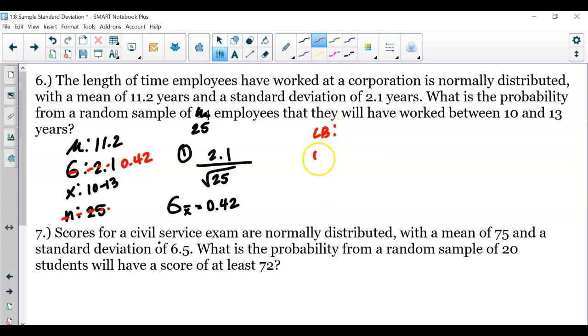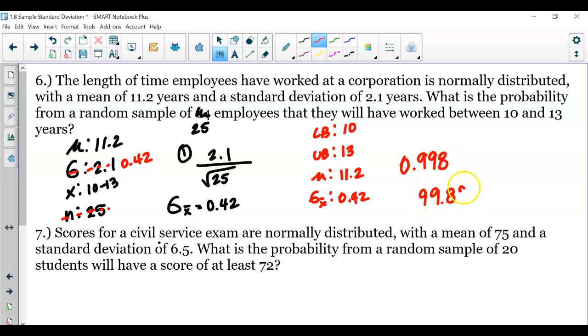So identifying lower bound, upper bound, mean, and standard deviation for the sample, which is 0.42, mean is mean, 11.2. Now, because of the range 10 to 13, you were given the lower and upper bound. So when putting that in the calculator, you should have gotten 0.998 or 99.8%.